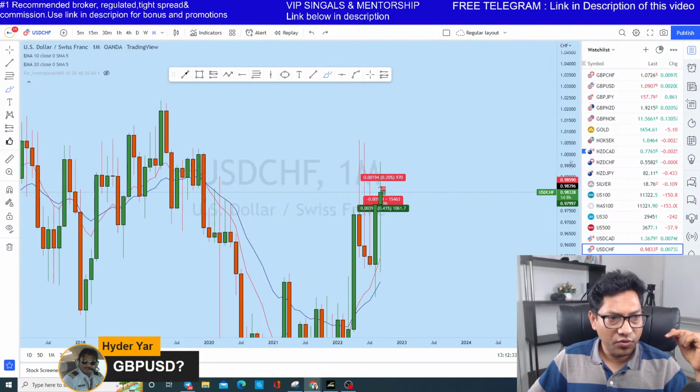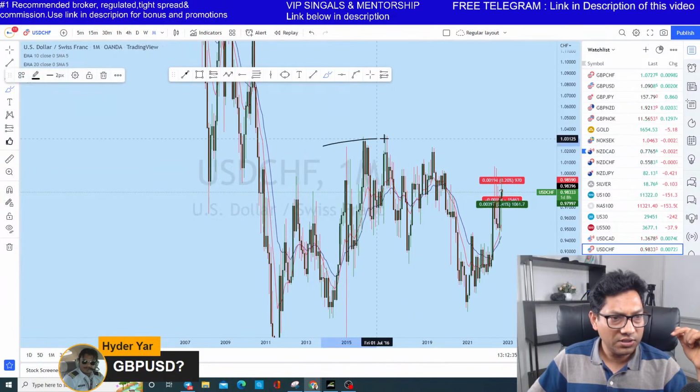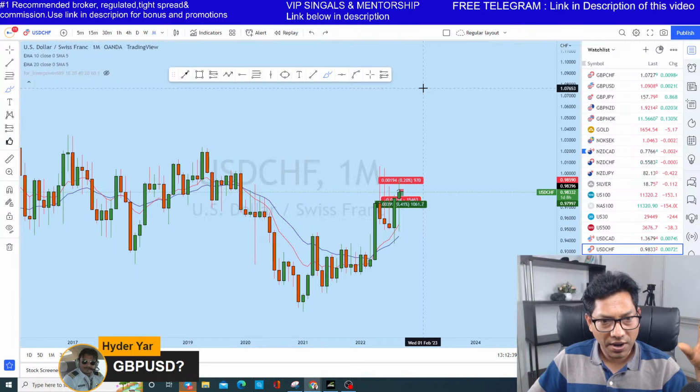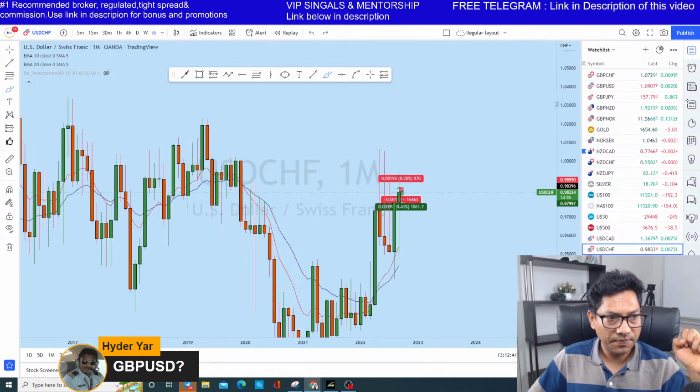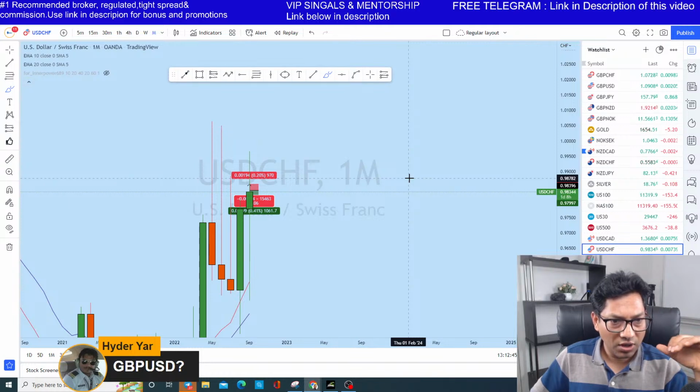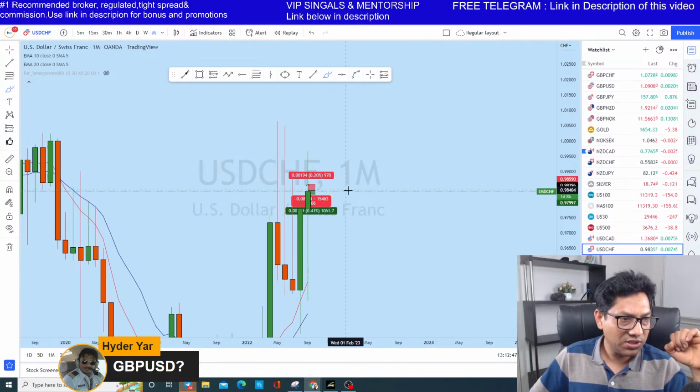At the same time, if you look at the bigger picture, it's still a little bit bearish, so it's a mix of bearish and bullish price action. If you pay attention only to the recent time frame, on the monthly, after the previous month's bullish candle, this month created this doji. It's a big doji here.